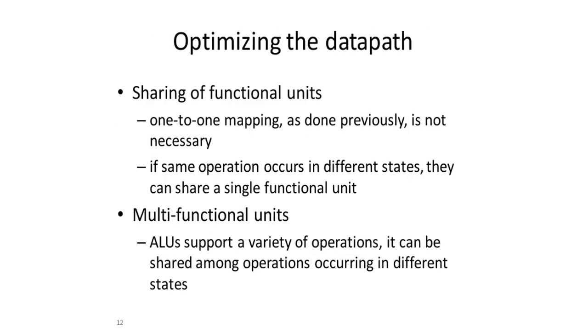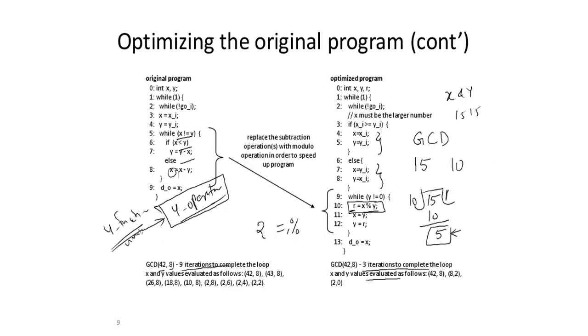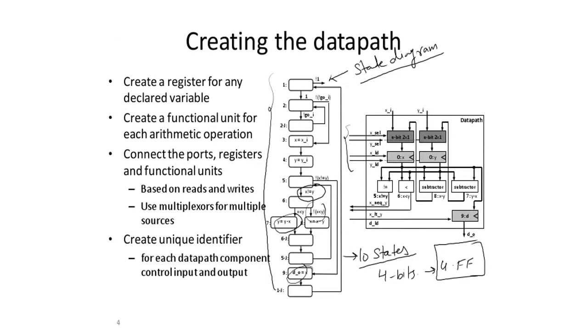Now the third possibility is to optimize the data path. What are the data paths? Functional units. Let me go to the last slide again. Here you see that I have used 2 subtractors, but both subtractors are not in a single state. It will go either in this path or this path, so the subtractors are not used simultaneously.